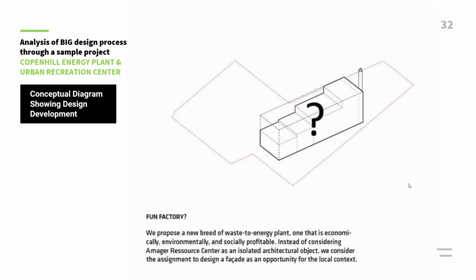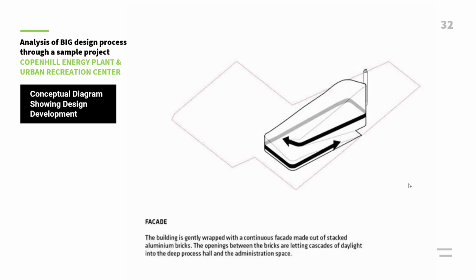Now, the next thing he also wanted to do is that he wanted people to see the waste plant not as something that is bad, like an isolated architectural object, but as something that should be part of the community, and that should be socially profitable, and it's also environmentally friendly. And so he also wanted a fun factory, put it that way.